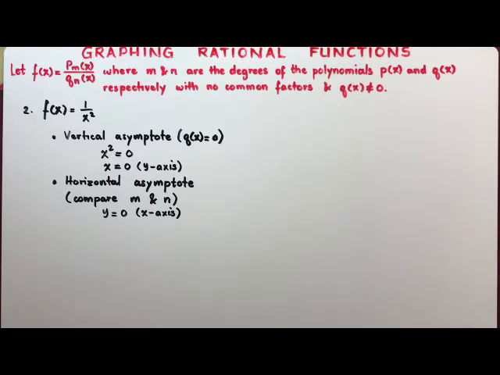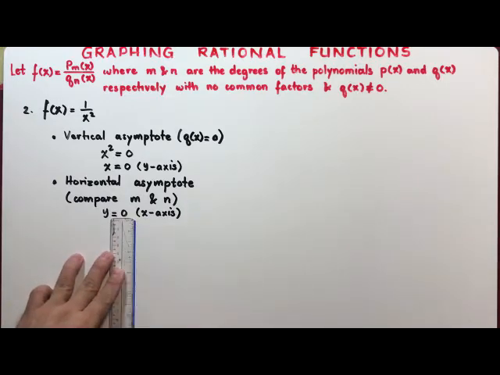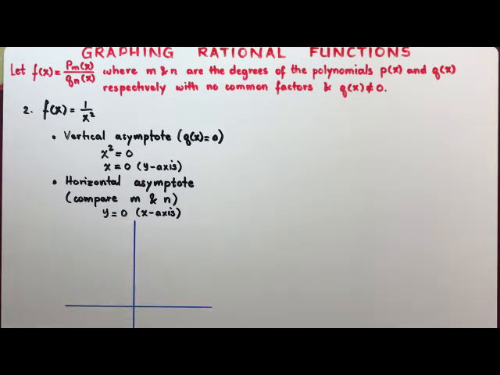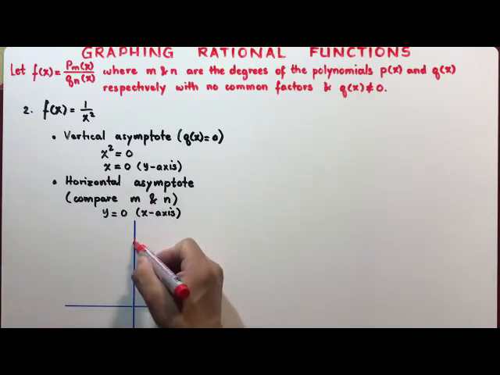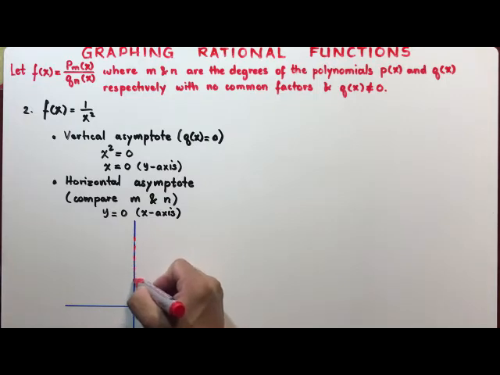So we can now plot initially our graph. Our vertical asymptote is the y-axis. So this is our vertical asymptote. And also our horizontal asymptote is the x-axis.